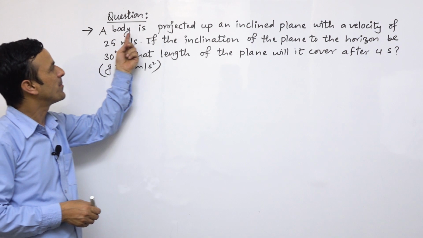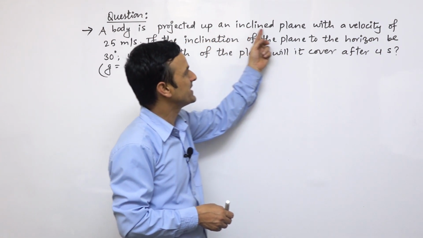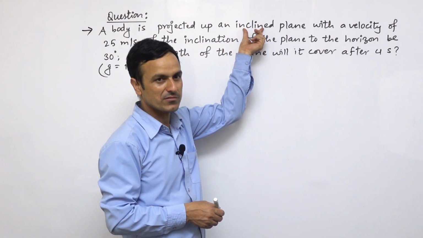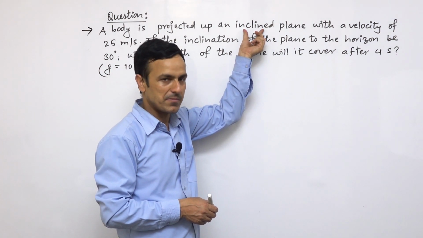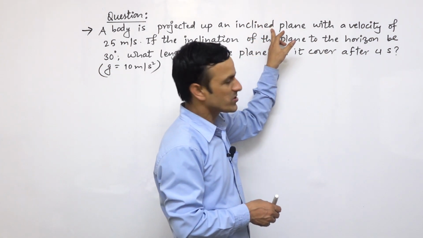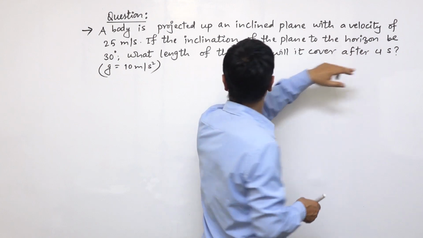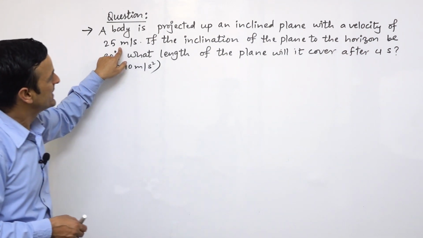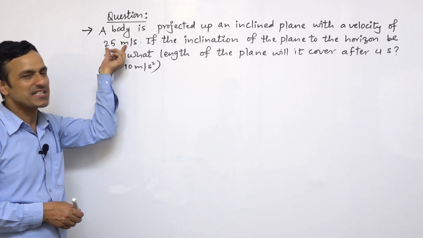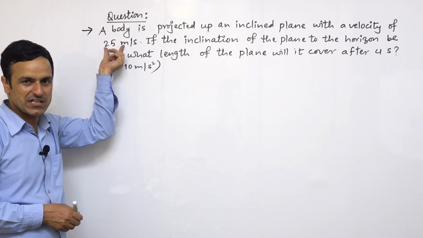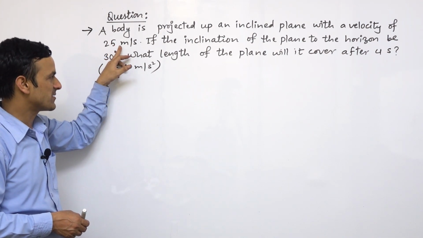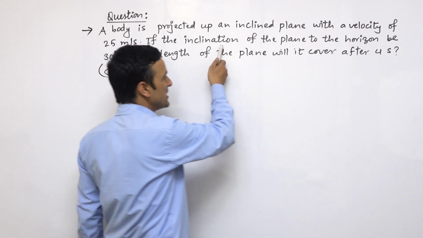The question is: a body is projected up an inclined plane. So this is the question based on motion on the inclined plane, with a velocity of this one. So this is projected with this velocity. So this is initial velocity, that means u, and the inclination of the plane.